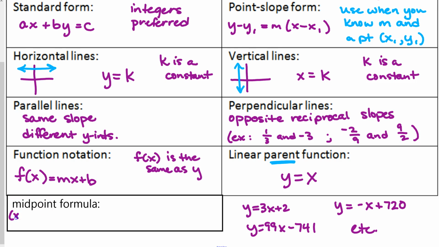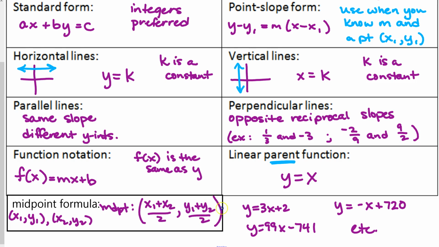So if your points are x1, y1, and x2, y2, then the midpoint is going to be x1 plus x2 over 2, because that's the average, comma, y1 plus y2 over 2, the average. Okay, we're going to do a couple of examples.